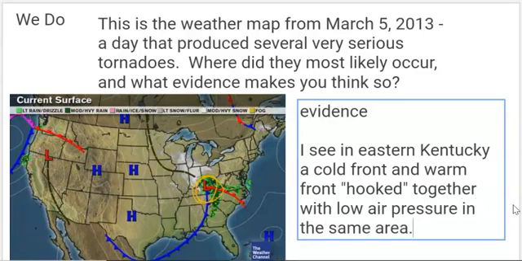I haven't interpreted that for them. I haven't even really mentioned a tornado. I don't see a tornado on the map, and that's important to mention too. Tornadoes are too small to see on maps. All we see is the ingredients, so to speak, for the tornado there.